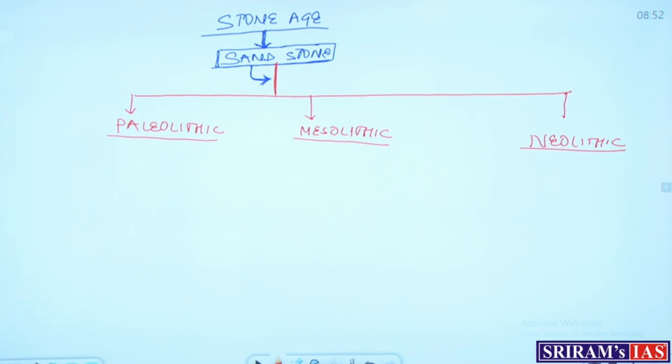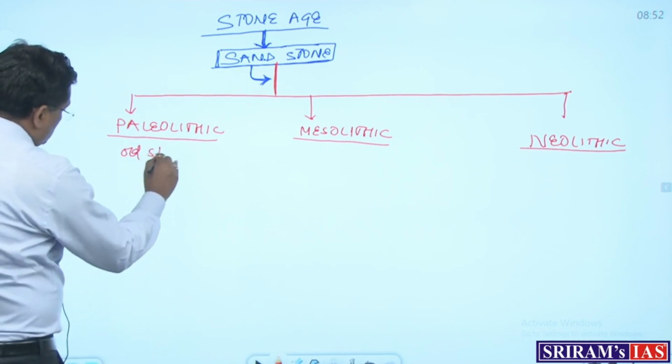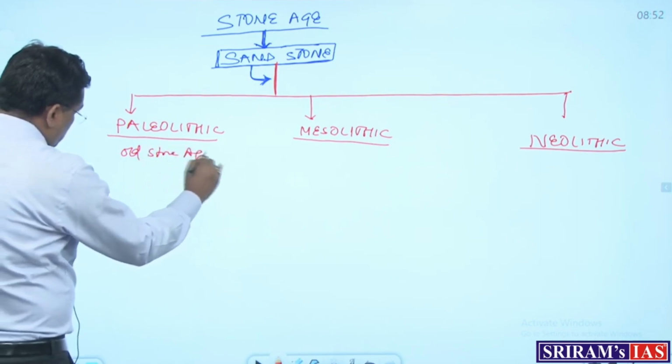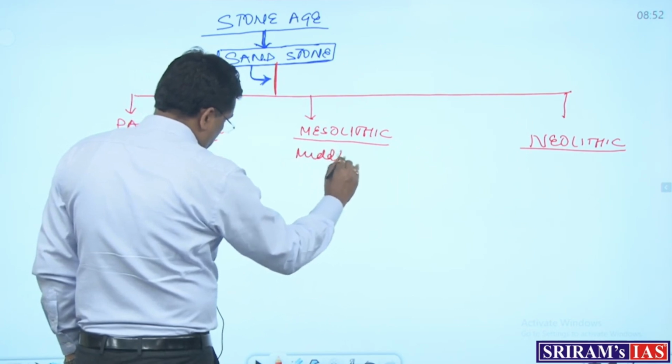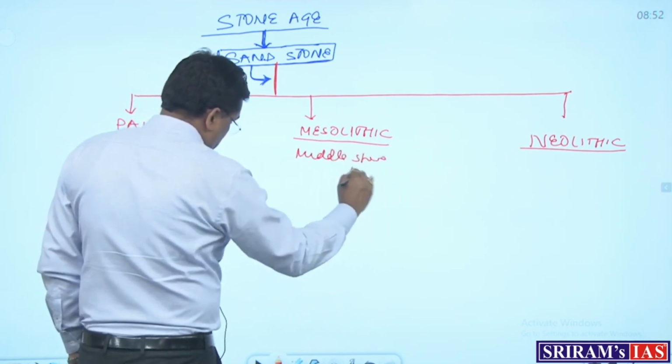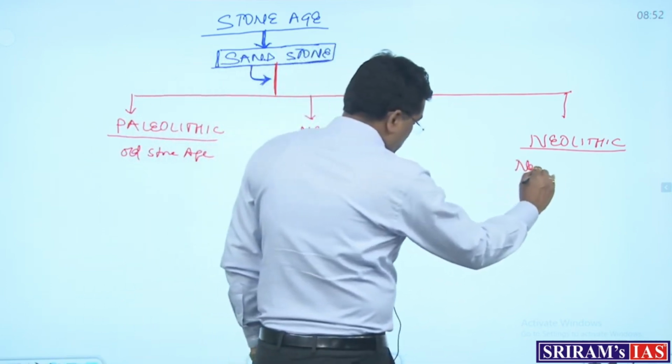Paleo means old. Old Stone Age, Middle Stone Age, and New Stone Age.